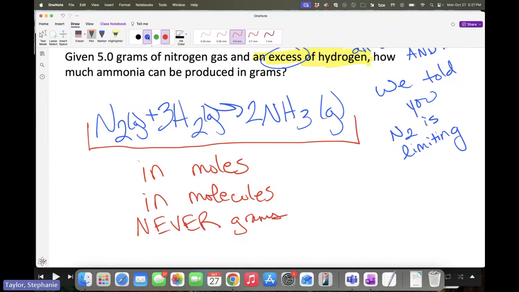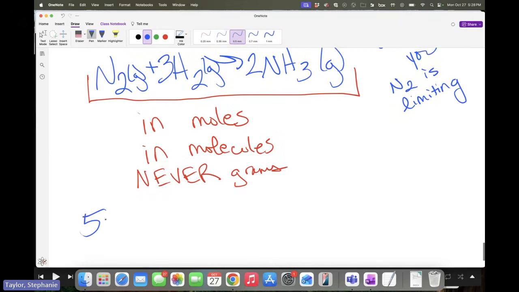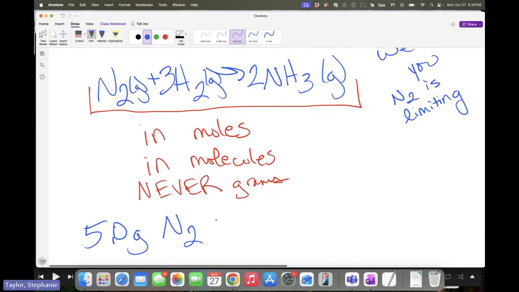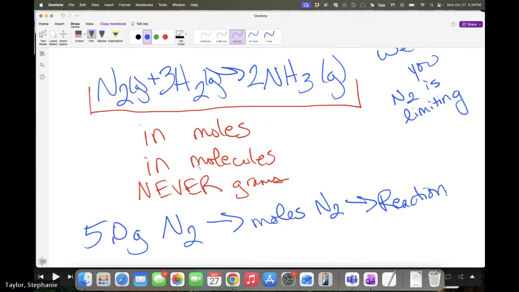So I know that we're starting with 5 grams of nitrogen. What I need to do is go to moles of nitrogen so that I can use my balanced chemical equation, my reaction.